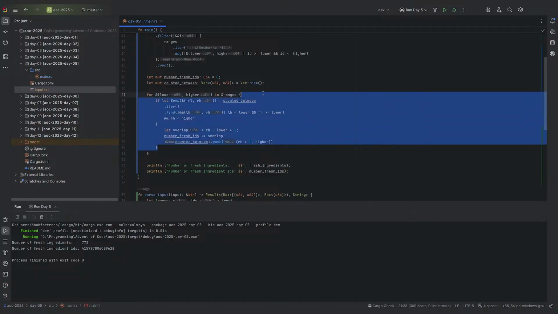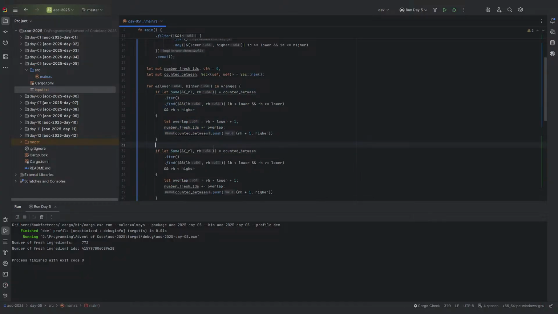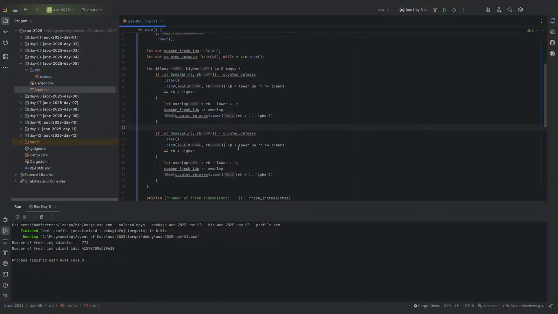I'll need to do something similar with the higher range. Instead, I need to check for overlap there, so I need to check for any elements with a lower, here I'm looking for an overlap on the higher side.